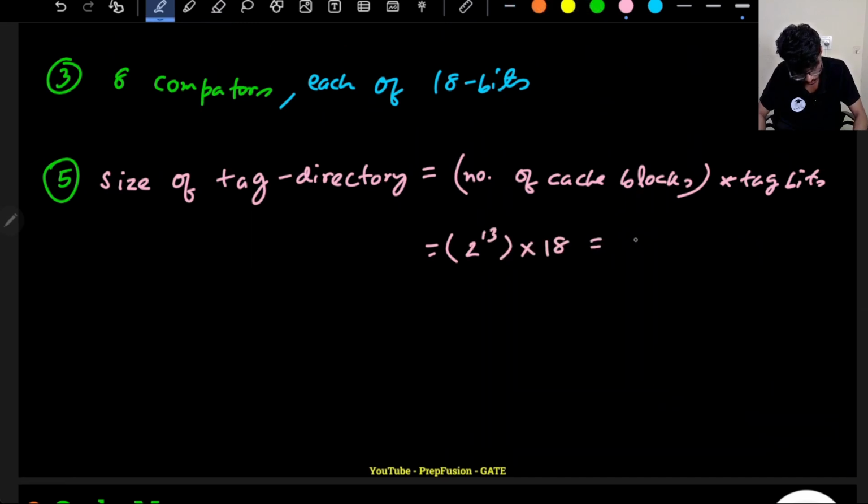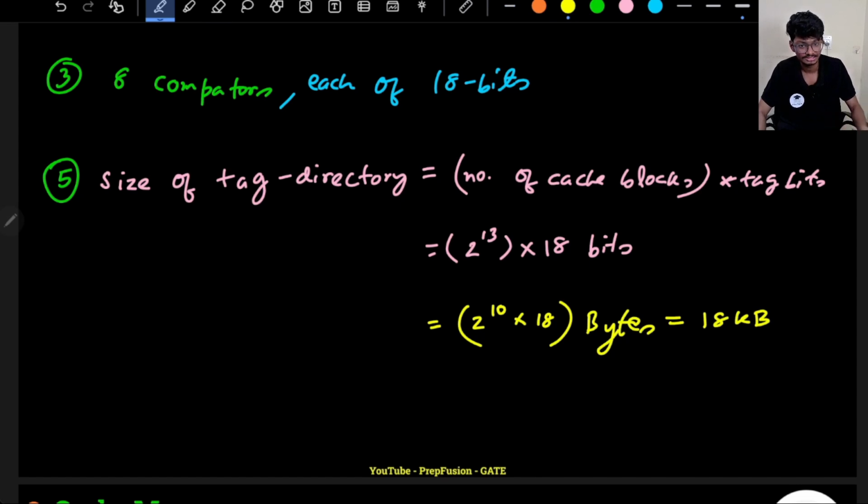In bytes, this will be 2 raised to power 10 into 18 bytes, and 2 raised to power 10 is kilo, so it will be 18 kilobytes. So this much extra storage I will require to store all the data.